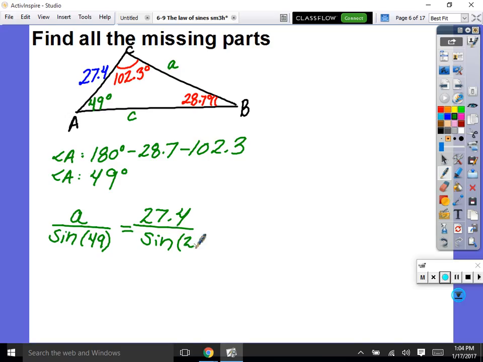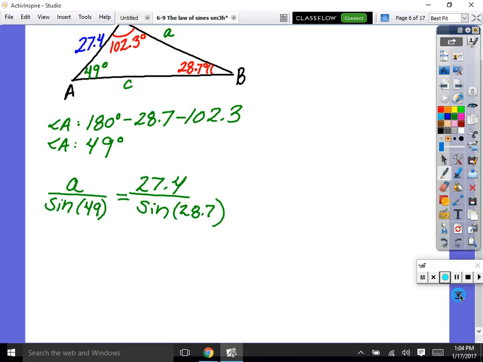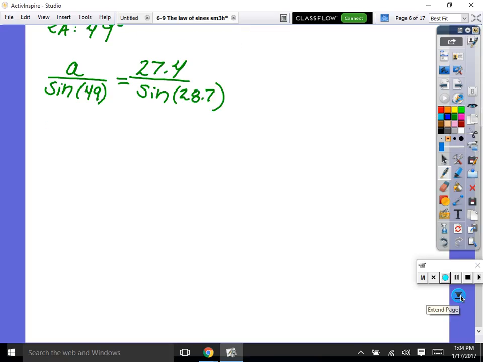Sine of 28.7. Now, all you have to do is use algebra to solve for A and get A alone. With just algebra, now we set up a true statement. So what if we, to get A alone, multiply both sides by sine of 49? Okay, let's do that. Multiply by sine of 49 to both sides.